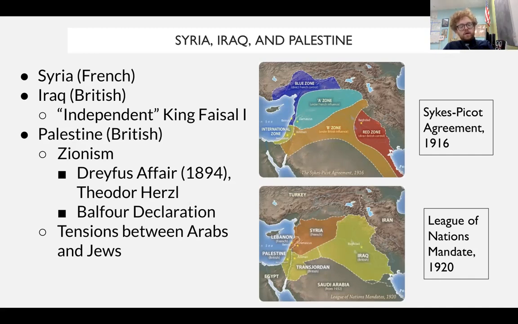Let's talk about another area where we will see tensions, and that is going to be in the mandate of Palestine. Remember, Palestine is a region of the Middle East that was largely going to be comprised of different groups like Arab Christians and Arab Muslims.